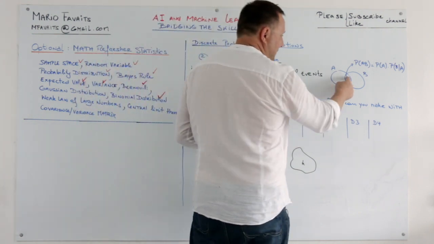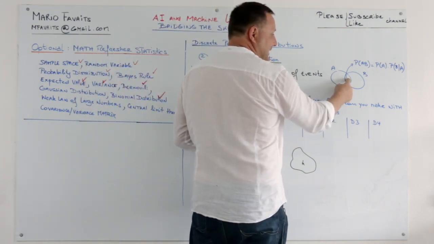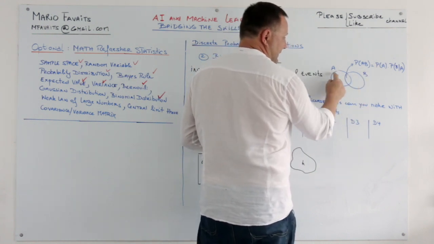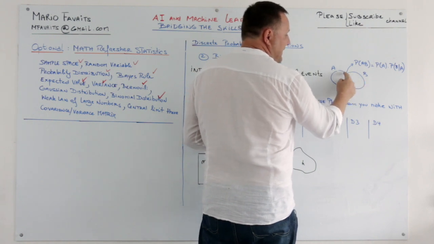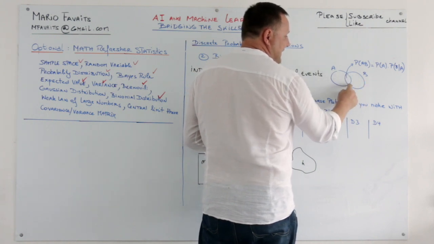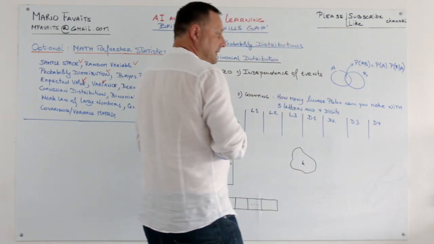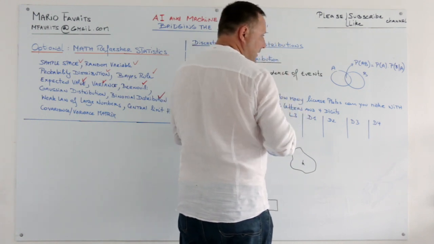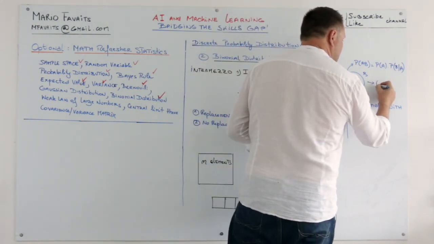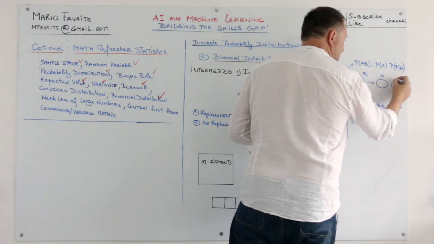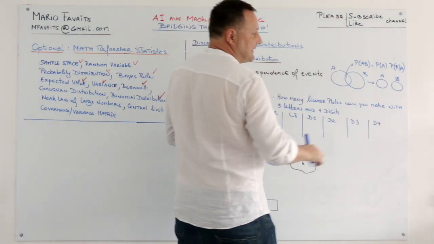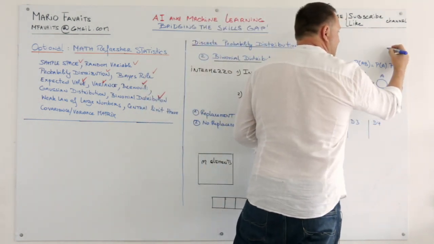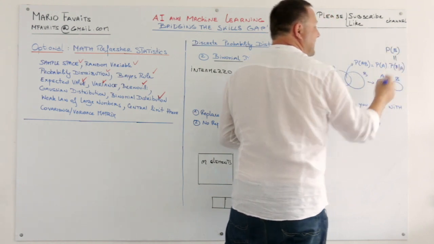We've seen that the probability of A and B happening is the probability of A times the probability of B given A. But if A and B are not connected, then the probability that B happens given A is the same thing as the probability that B happens.